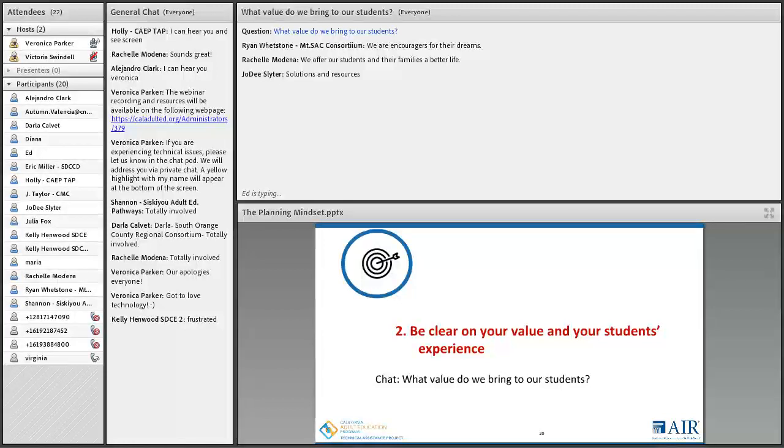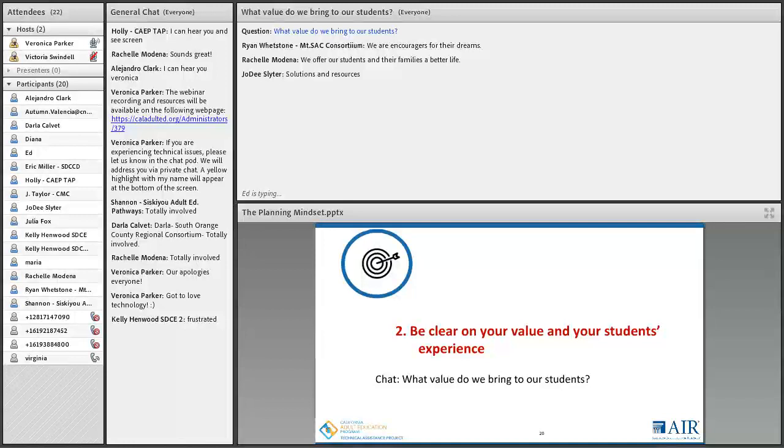And I think it's super interesting and important as we look at these aspirational goals in our plans to not only look at what we want to give people, what value we think we can provide, but to compare that to the actual experience of our students. And I'll just use the workforce system as an example.